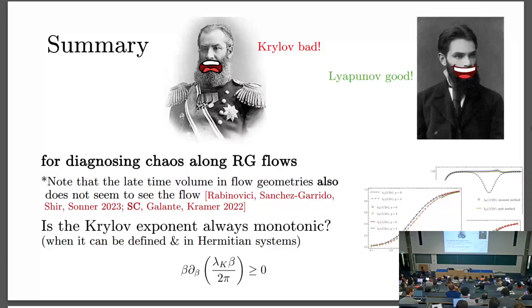All right, many questions. Is the Krylov exponent always monotonic in cases where it can be defined and when the system is Hermitian? That's what we saw in all our examples. What can you do? Can you do anything at finite n? There are many questions.